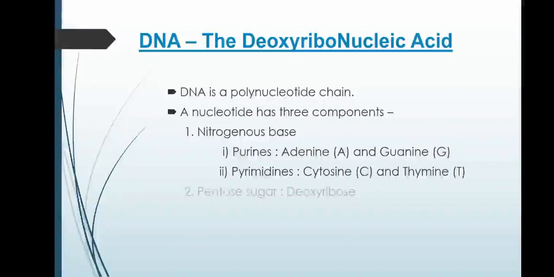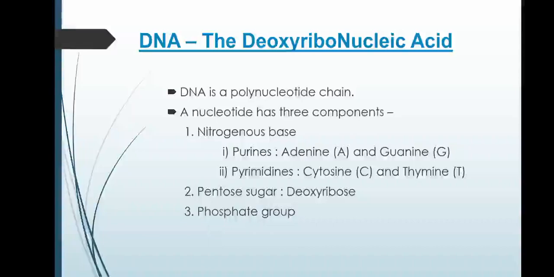Students, now look at how DNA, or deoxyribonucleic acid, is formed. We know that DNA is a polynucleotide chain made up of a repeated sequence of nucleotides, and one nucleotide is made up of 3 components. First is the nitrogenous base.